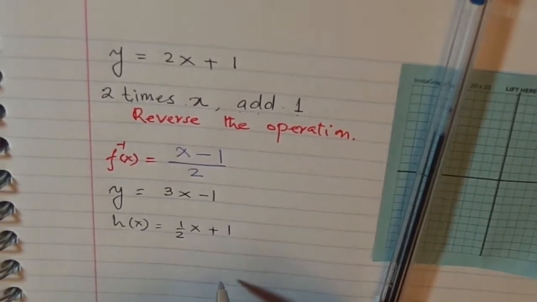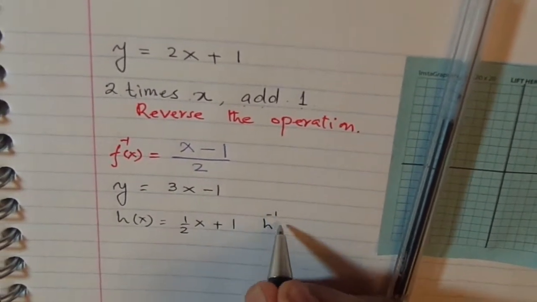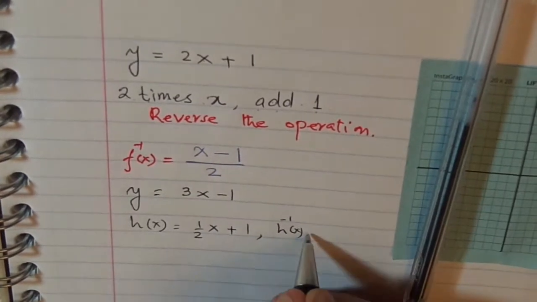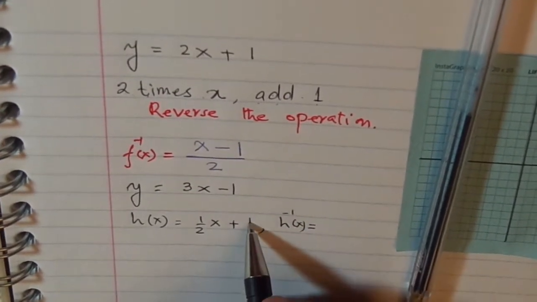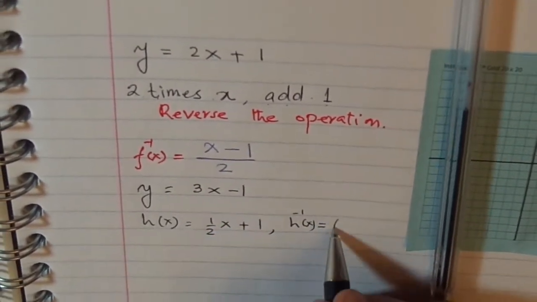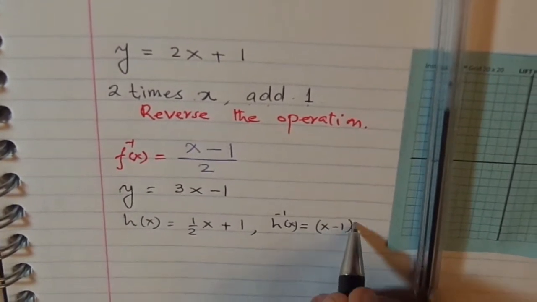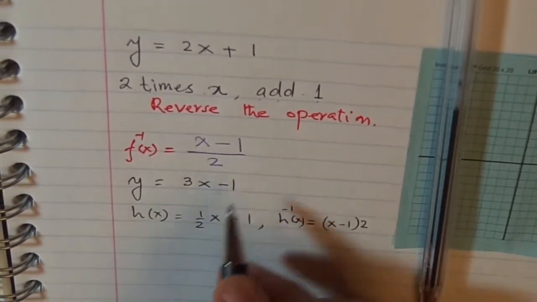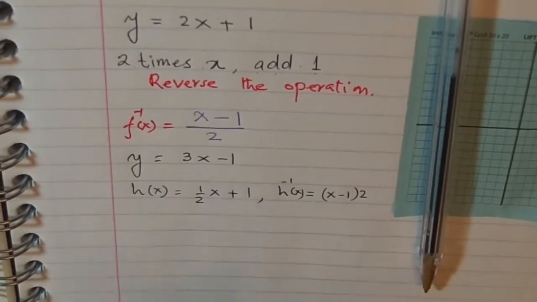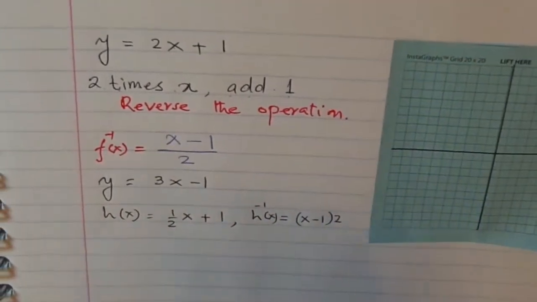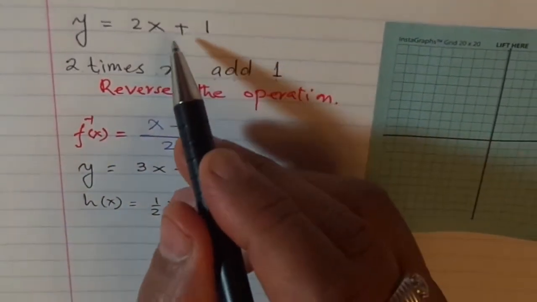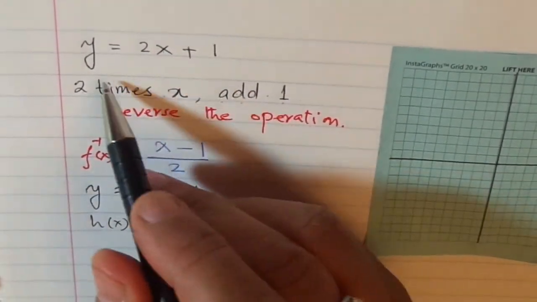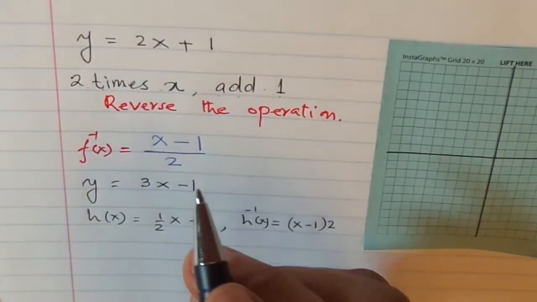What should be the inverse of this? h inverse of x should be equal to take away 1, times 2. (x minus 1) times 2. So this is how we can reverse the operation. So here, if the operation is add, make it subtract; if multiply, then divide; do the operations in this fashion.